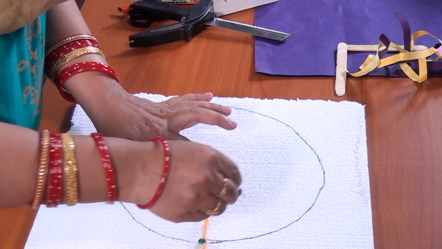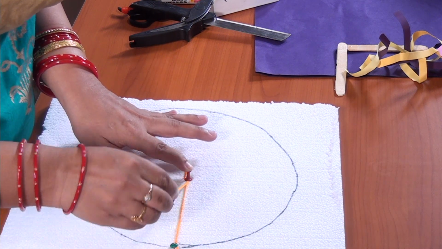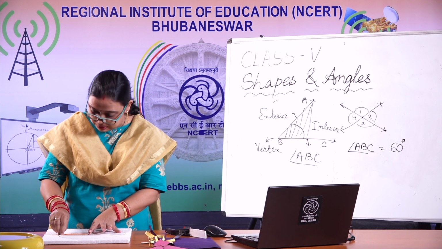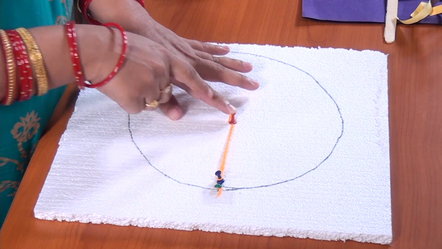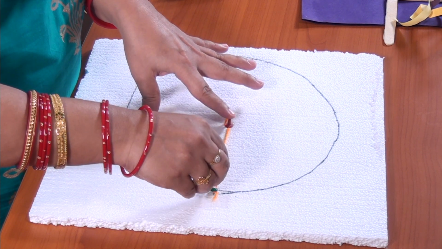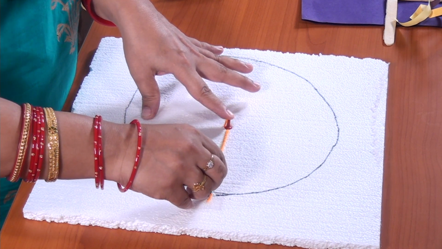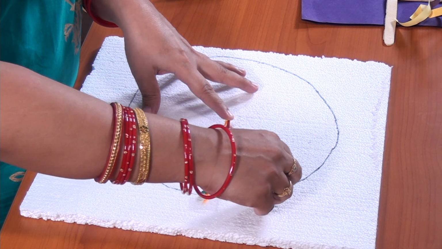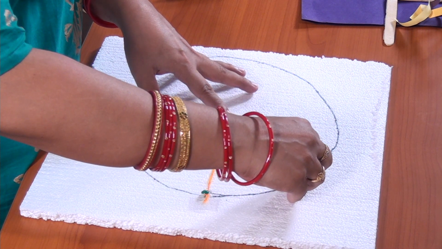Now, this is my movable end. When the two arms coincide like this, what is the measure of the angle? That is 0, nothing, because the two rays are coinciding. When we are increasing like this, see, the amount of angle is increasing.